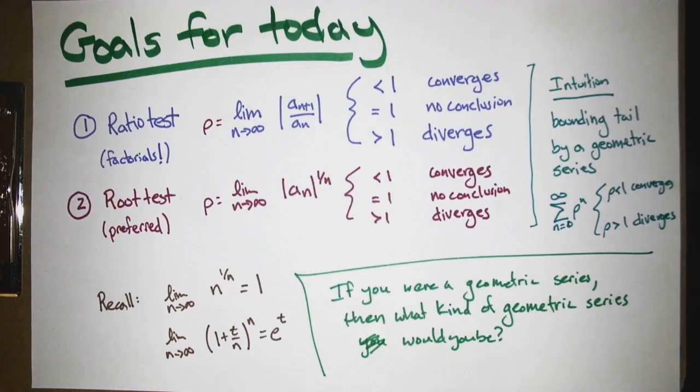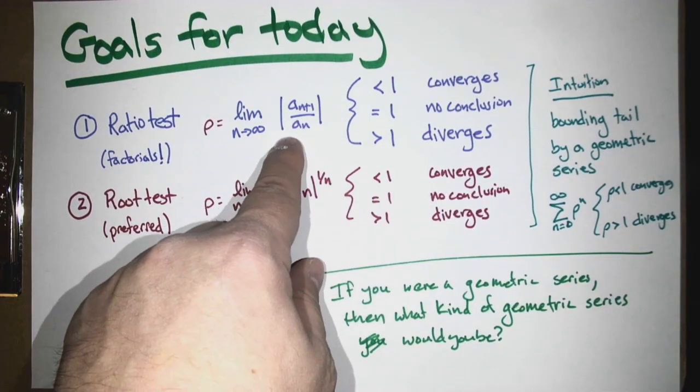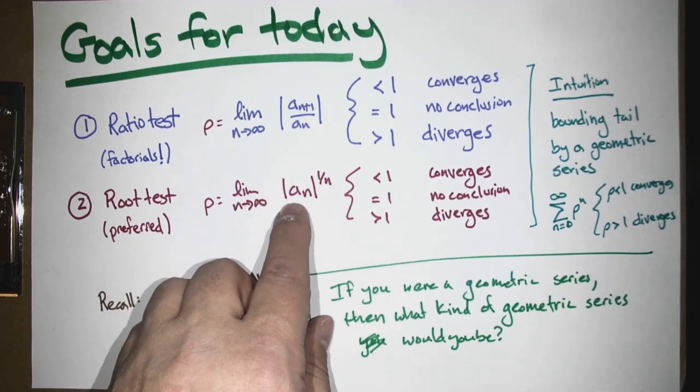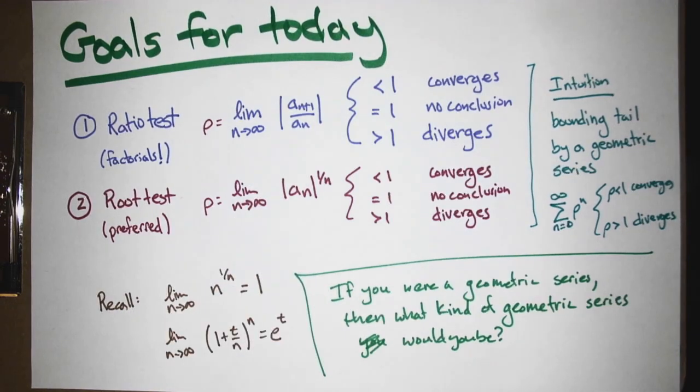Ratio test, look at the ratio of consecutive terms, and what happens to it as you go to infinity. Root test, look at the nth root. Now, if they were actually geometric series, what we would get is that multiplying factor.